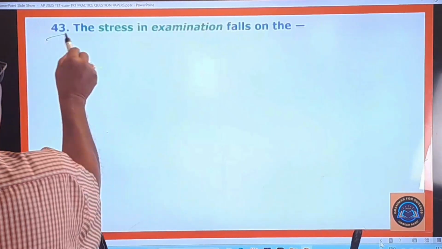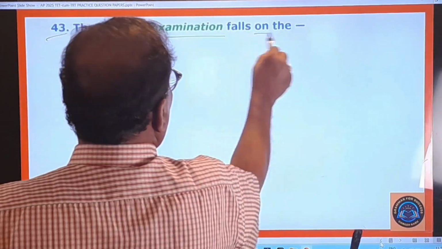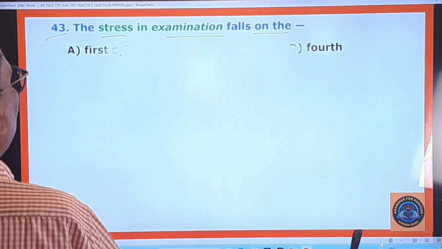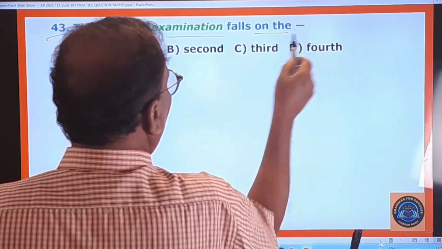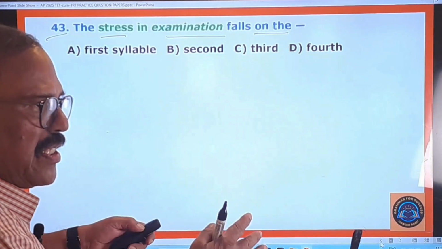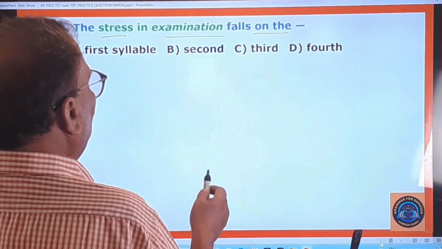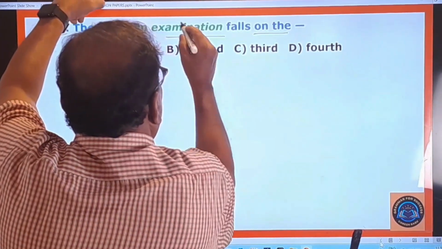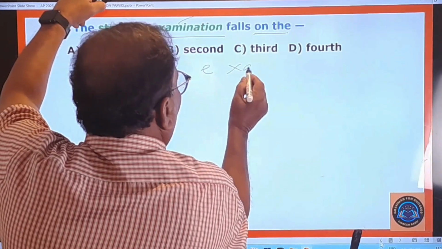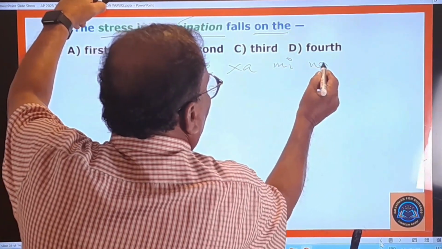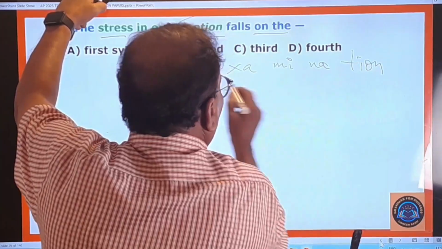Okay, 43rd one. The stress in examination falls on the first syllable, second, third, fourth. Whenever you want to give the stress on some word, you have to cut the word into syllables. For example, this examination is there: ex, am, i, na, tion. You have to cut the word into syllables.